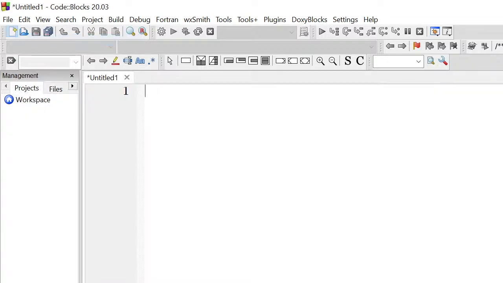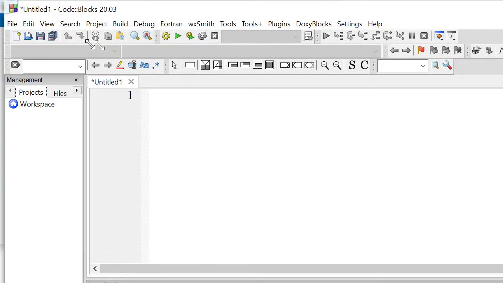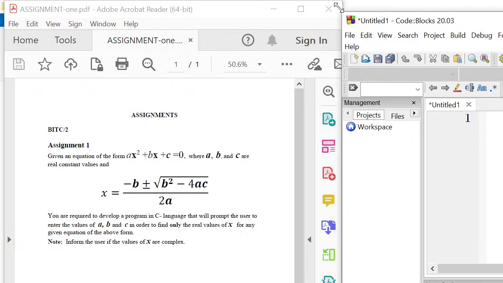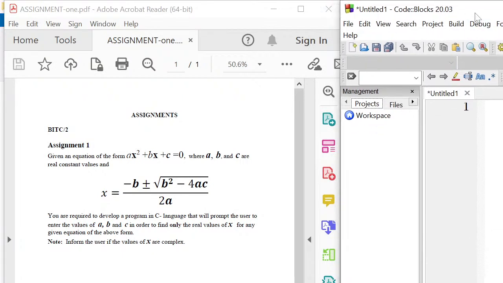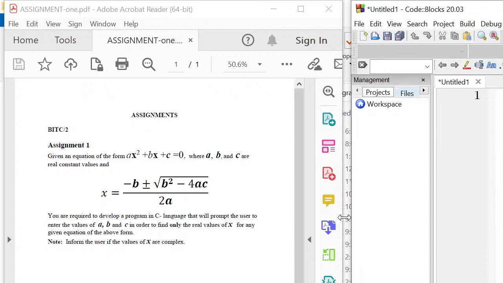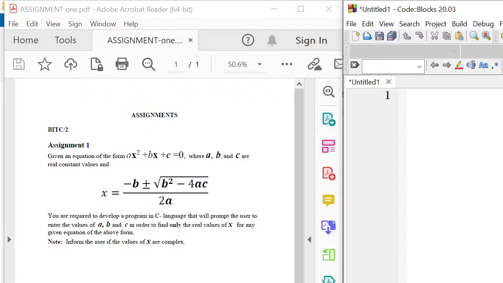I create a new file. I have to minimize this by reducing the size. All right.